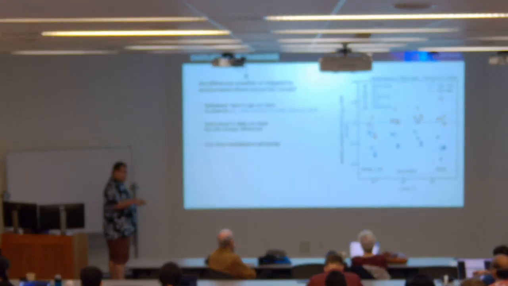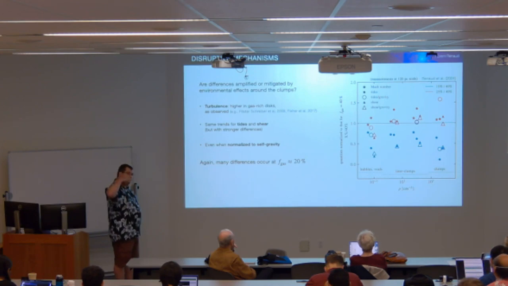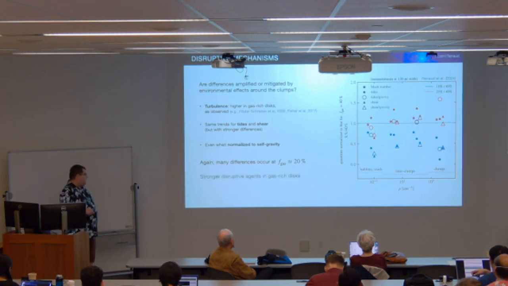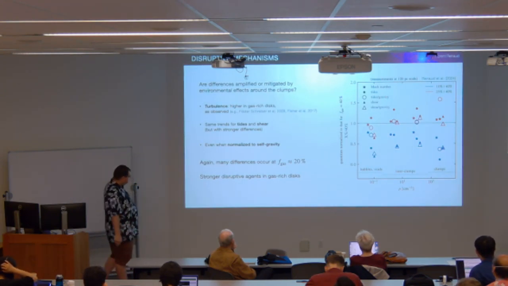So even if you normalize to cell gravity, we again have many differences that occur when you pass the threshold of 20% gas fraction. We have stronger disruptive agents in gas-rich disks. Basically, all the red points are above the blue points there.